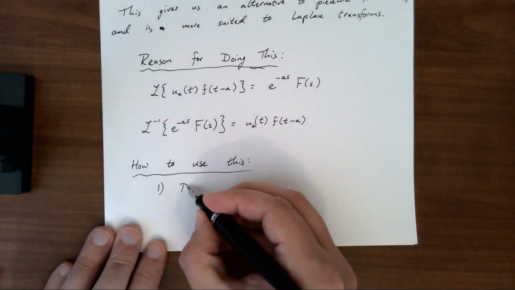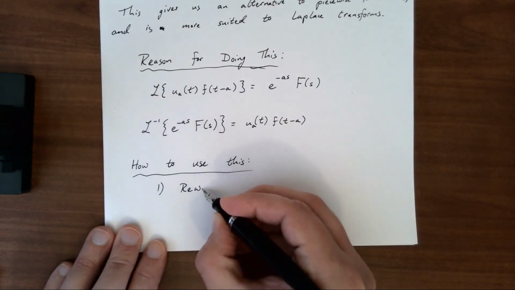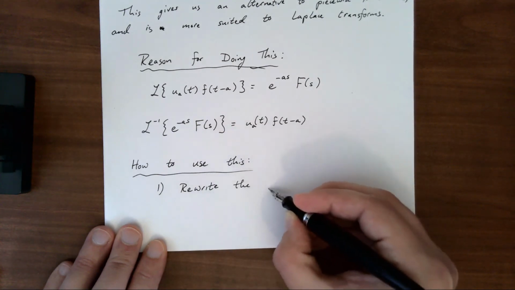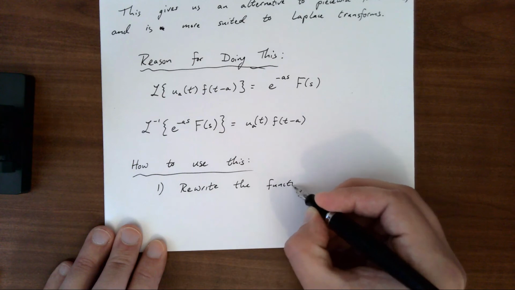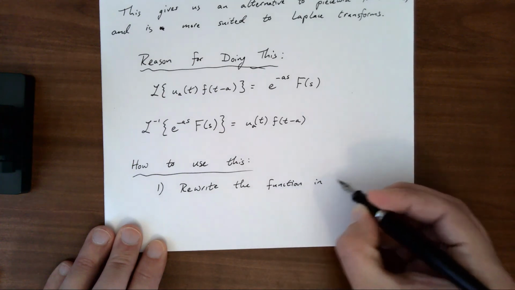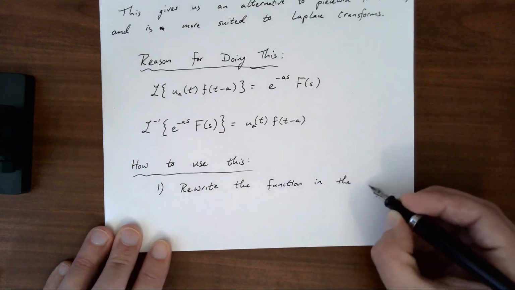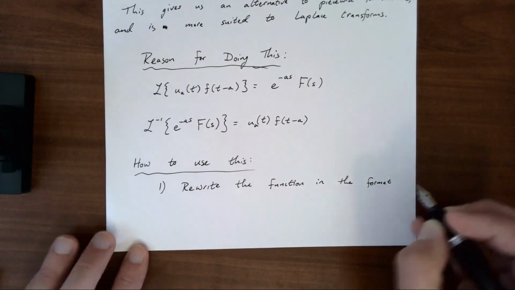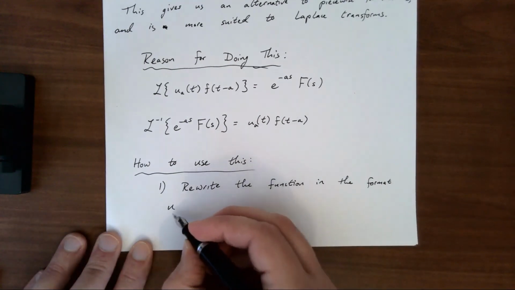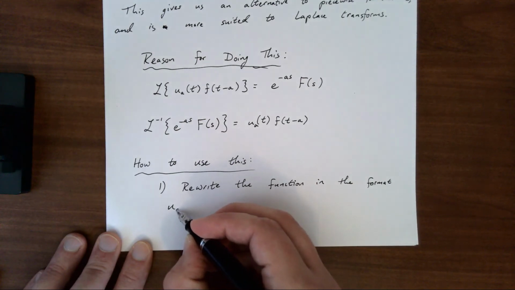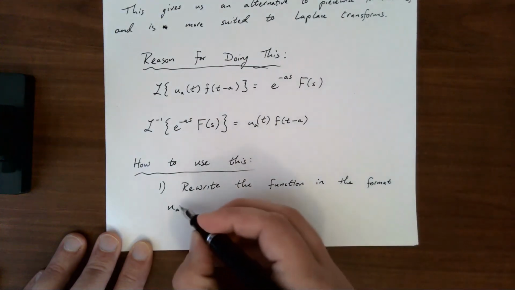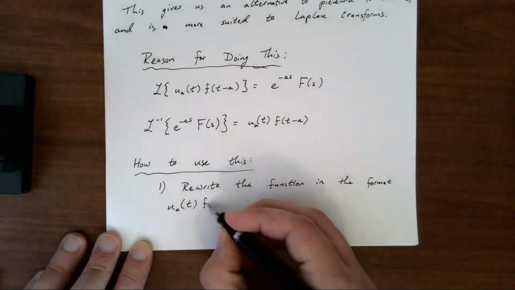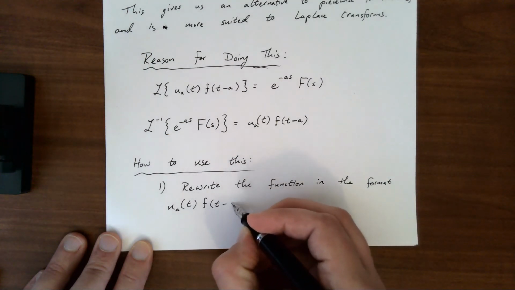So rewrite the function in the format u sub a of t, f of t minus a.